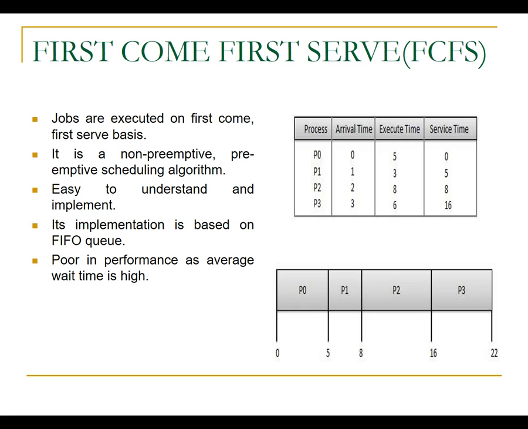On the right hand side you can see a diagram, or you can say a table, in which I have mentioned three processes with their arrival time and execution time. By comparing the arrival time and execution time with each other, the service time is mentioned over here, where you can see that process number 3 waits till process number 2, process number 1 and process number 0 get completed.